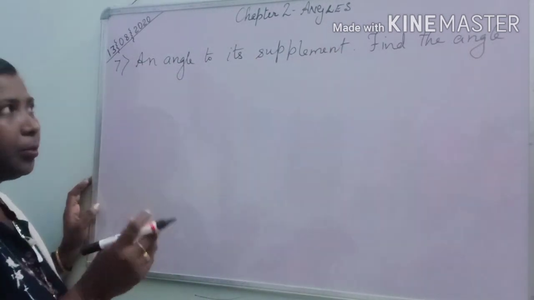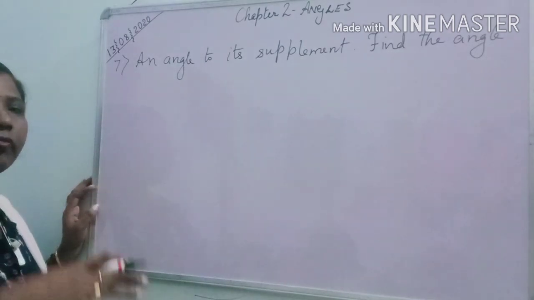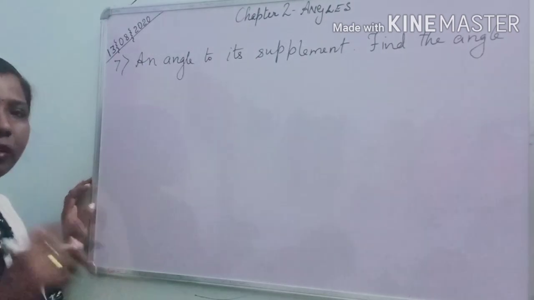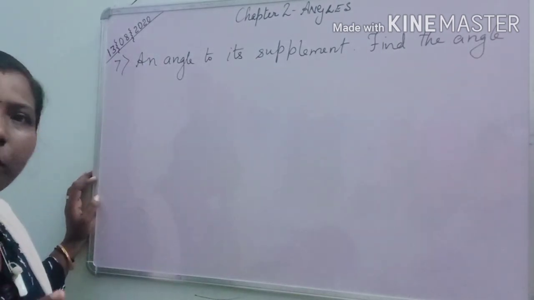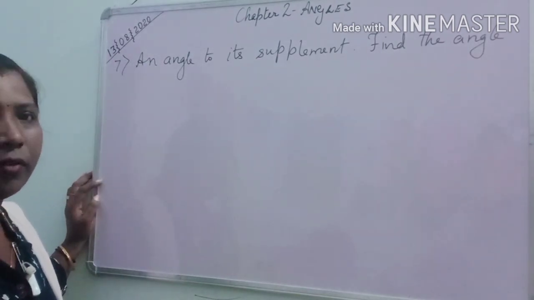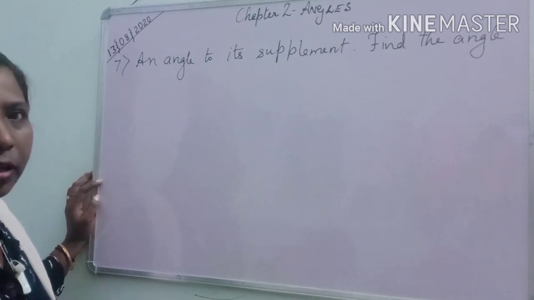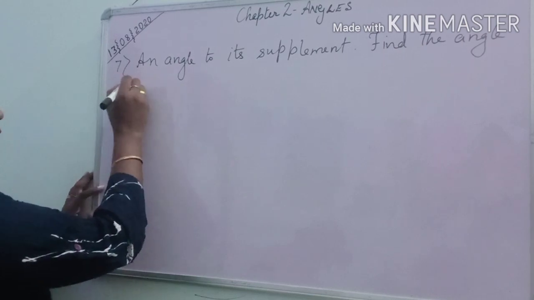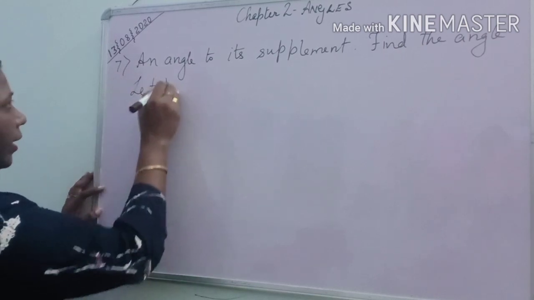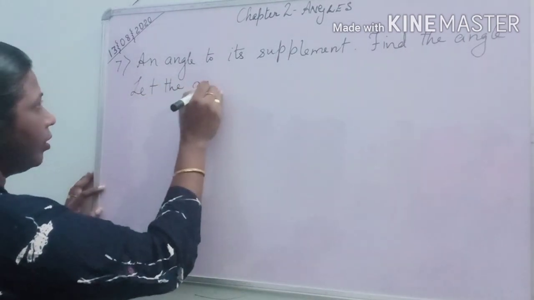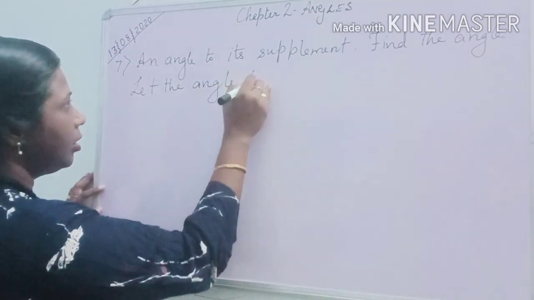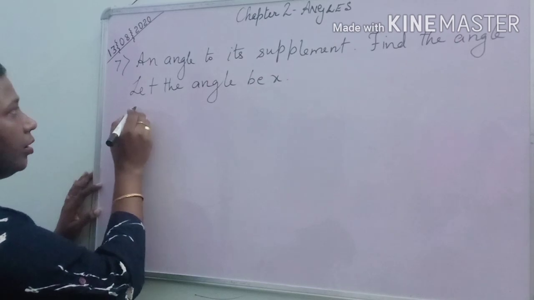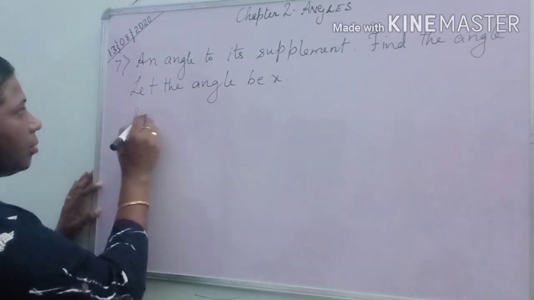Here, whatever angle we take, we make its supplement. The supplement of an angle will be 180 minus the angle. First we will take, let the angle be x.